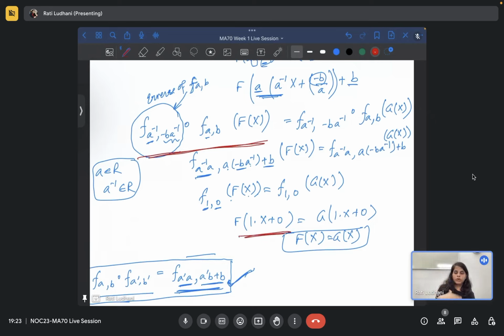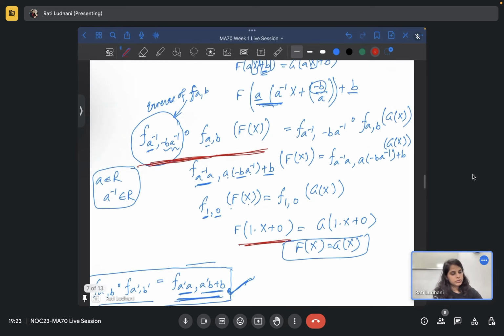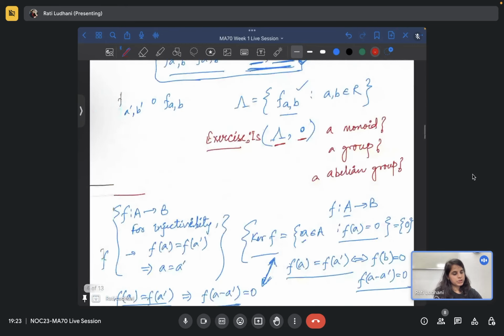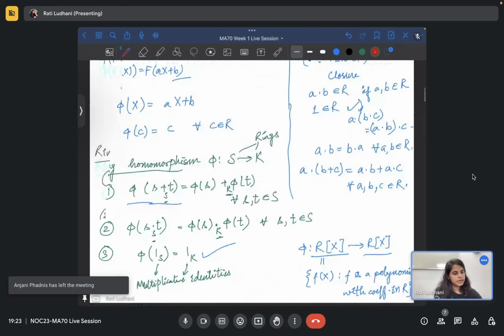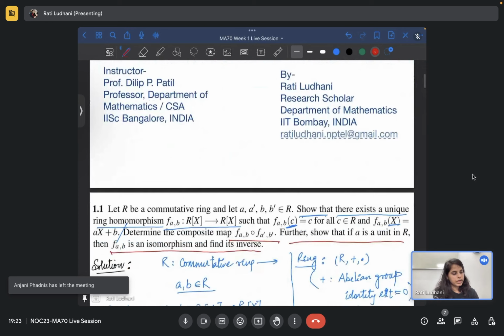So what is the inverse of F_AB? You multiply with this, you get the same thing, right? You take the composition of both, you will get the element which you started with. So this is the inverse of F_AB. So the requirement in the question is done, in the sense that F_AB is an isomorphism. You can now prove that this is an isomorphism and find its inverse. This is the inverse. Okay.